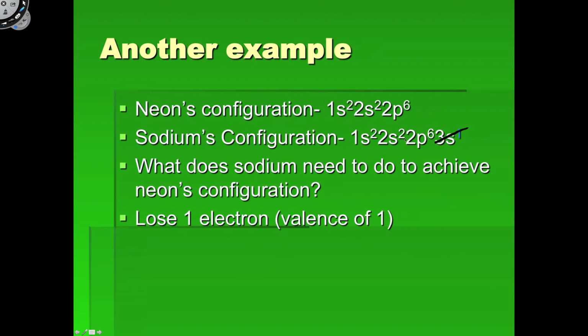And when it does that, what is its configuration going to look like? Well, it's going to look like neon's. Because now that this outermost electron is gone, these become the outermost electrons. 2 plus 6 gives you that 8. So this is why sodium wants to lose that electron, because it wants to become like neon.